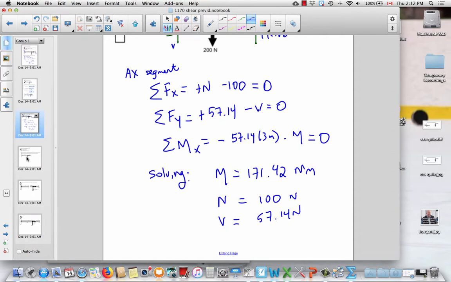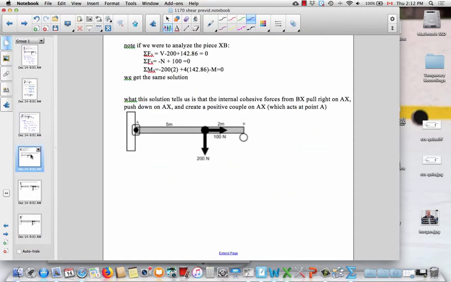Now notice that if we had analyzed the equilibrium of the XB piece, the piece down on the right end, these are the equations that would result, and you get exactly the same solution. So what that solution is telling us is this is in tension. At this point right here, this piece is being pulled to the right by the XB piece. So AX is pulled to the right. AX is indeed pushed down by this piece.